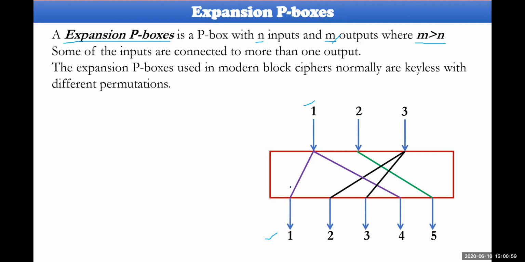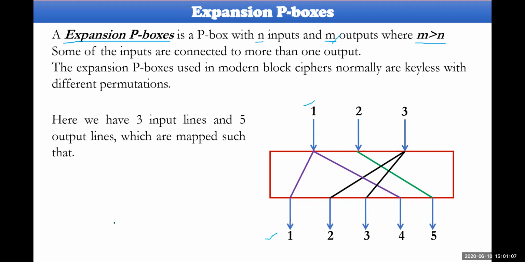This is one kind of mapping, not exactly the same; you can prepare your own mapping. So here, a small number of lines will be connected to a huge number of outputs. Here 3 will be connected to 2 outputs, 1 will be connected to two outputs, and 2 will be connected to one single output.